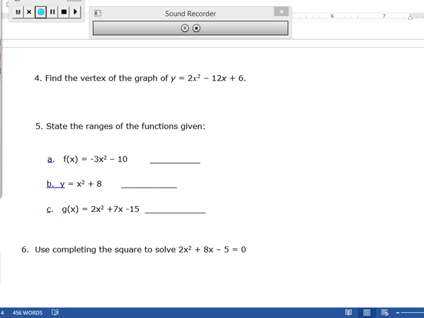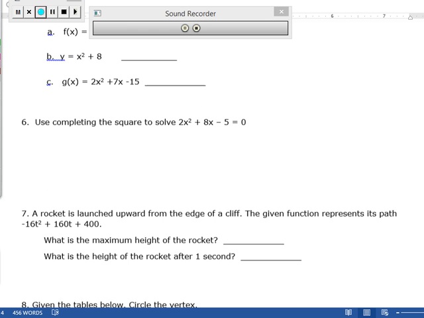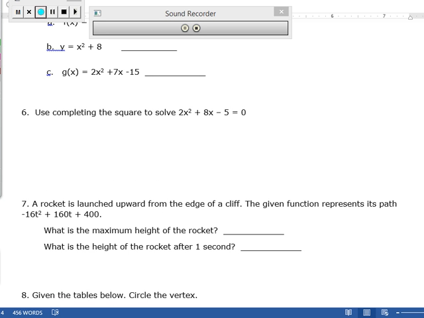All right, completing the square with a coefficient. So pretty much how I did it in the front, except we got to start it off the same. 2x squared plus 8x, and then we're going to move that 5 to the other side. We're going to factor out a 2.